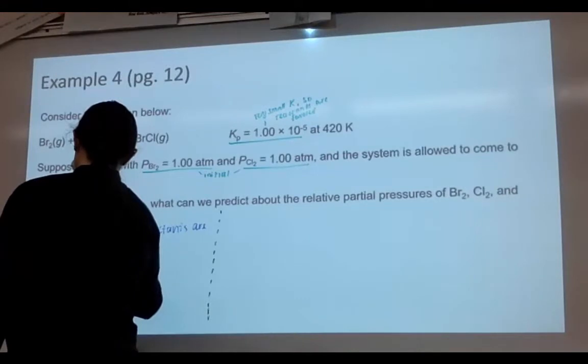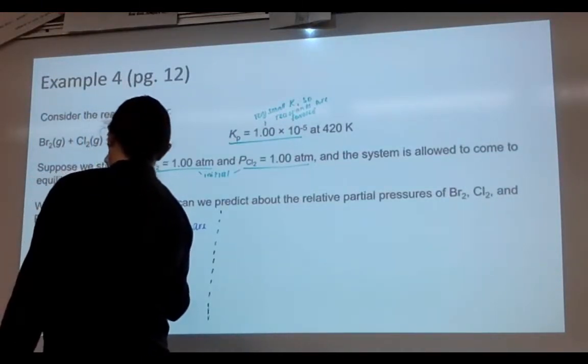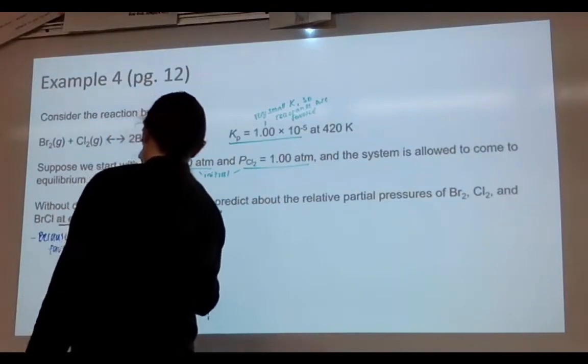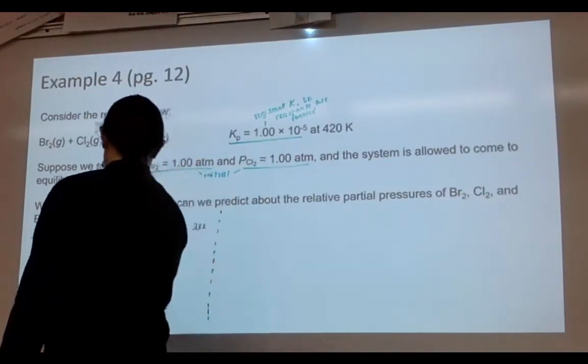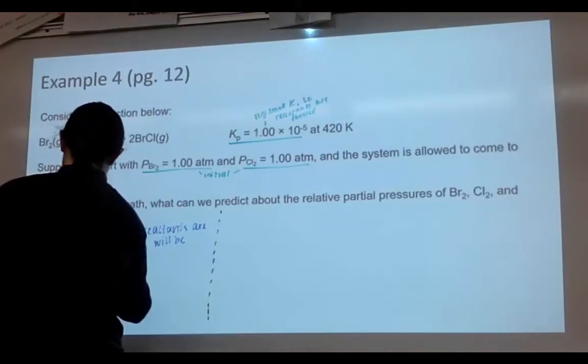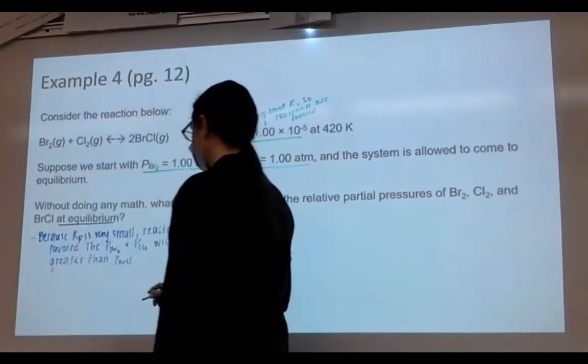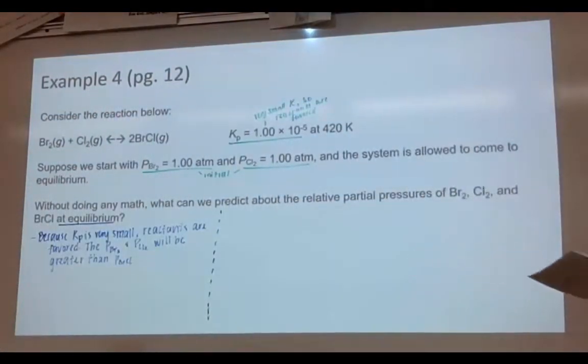So I'll say the pressure of Br2 and pressure of Cl2 will be greater than the pressure of BrCl. So because Kp is so small, the reactants are favored at equilibrium.